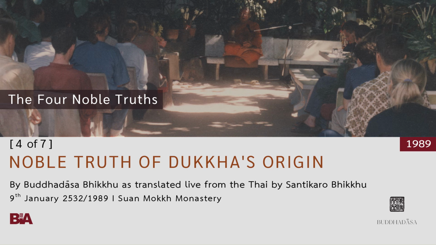Then the second is bhava tanha, craving to be, craving to exist or to become. And then the third is vibhava tanha, craving to not exist, craving to not be.